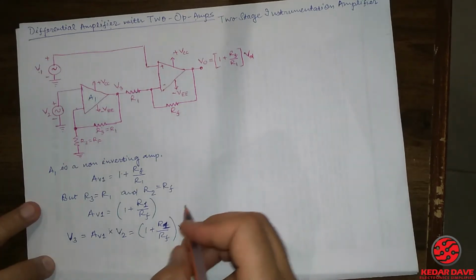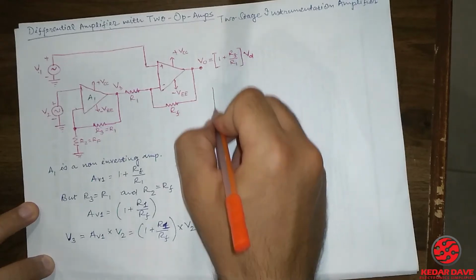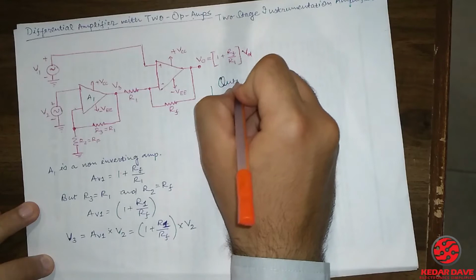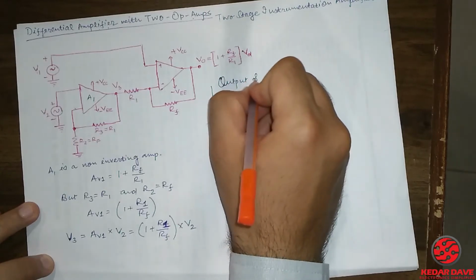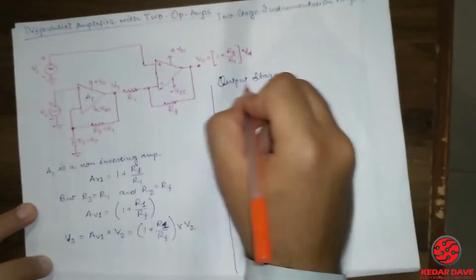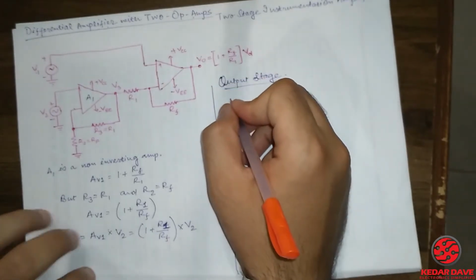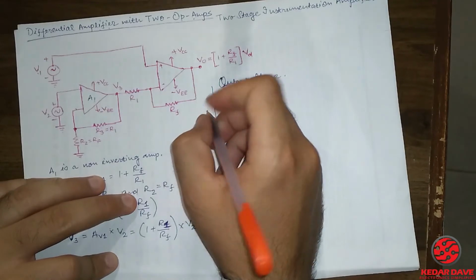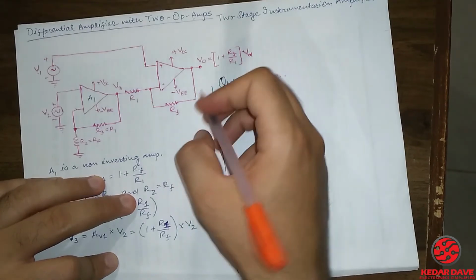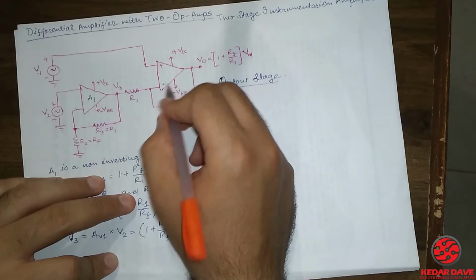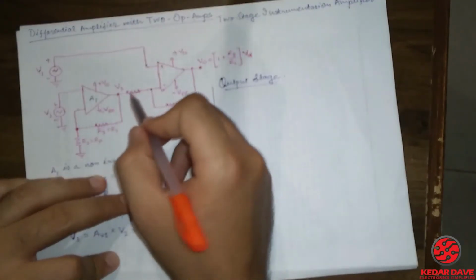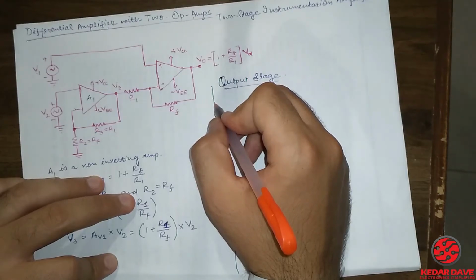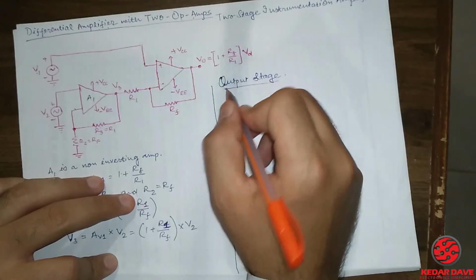Now for the output stage, let's see that the second stage is the difference amplifier, that we know is amplifying the difference between these two terminals. So its output voltage is obtained by using the superposition theorem.